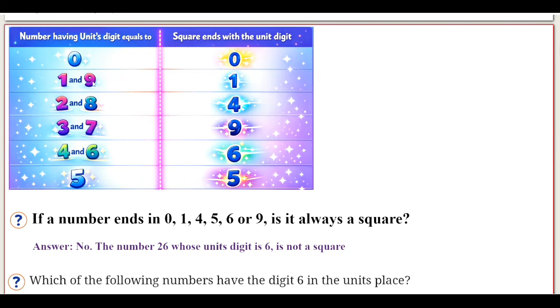1 and 9. For example, 1 square is ending with 1. 9 square is 81, ending with 1. 2 square is 4. 8 square is 64, ending with 4. 3 square is 9. 7 square is 49. 4 square is 16. 6 square is 36, ending with 6.